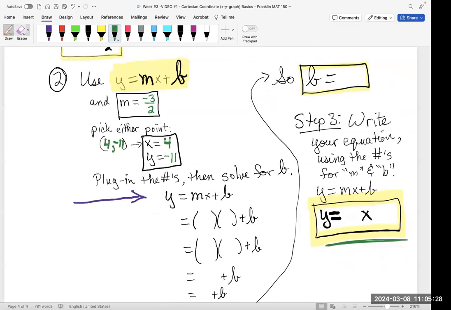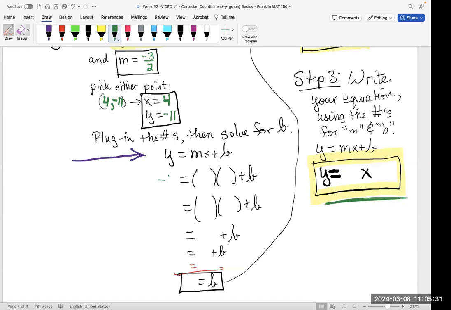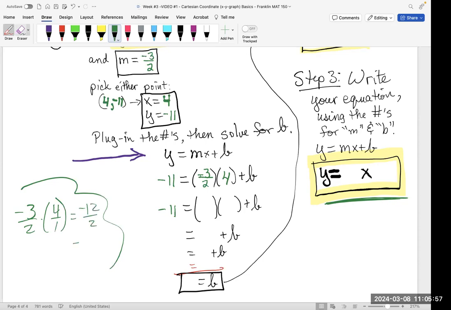So now I'm going to plug the numbers in. My y is -11. My m is -3/2. One of the specific values for x is 4, when the specific value for y is -11. I now work this out. I have -11. Multiplying fractions, -3/2 times 4, which gives -6.